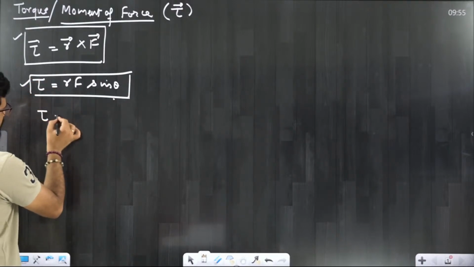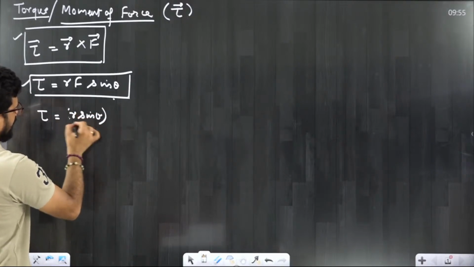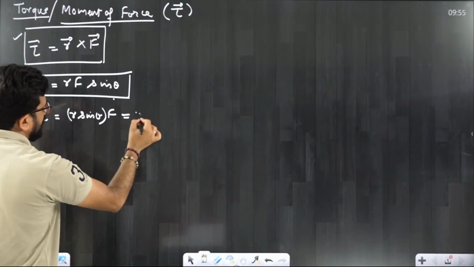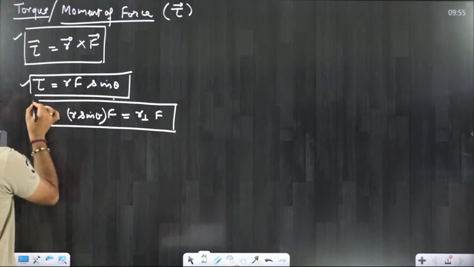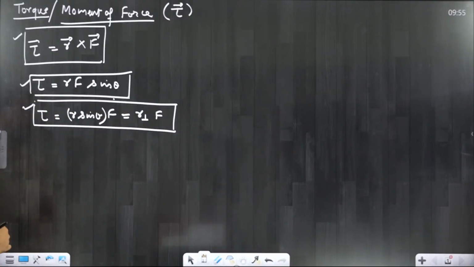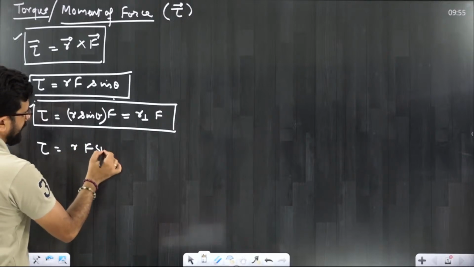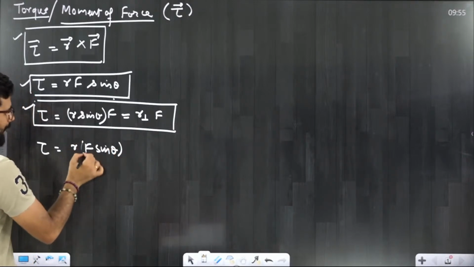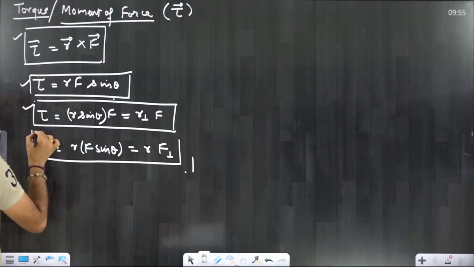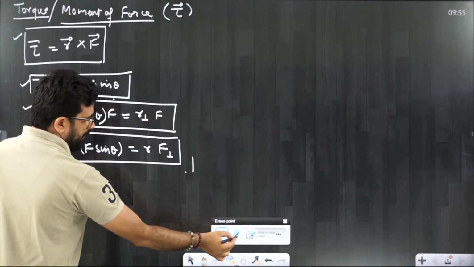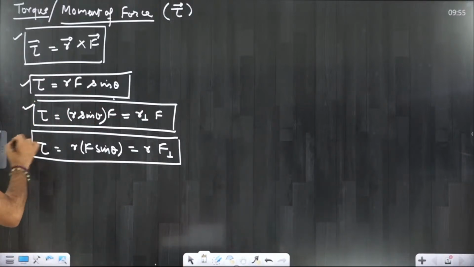Similarly, I can write tau is equal to r sine theta into F, or we can say r perpendicular into F. This is one of the important results for torque. Tau can also be written as r into F sine theta, and that is equal to r into F perpendicular. This is a very simple thing we can understand. Torque can be written in this format also.